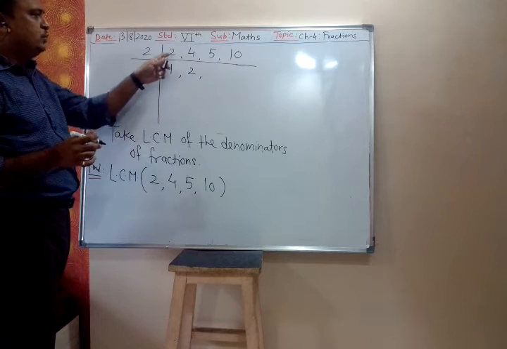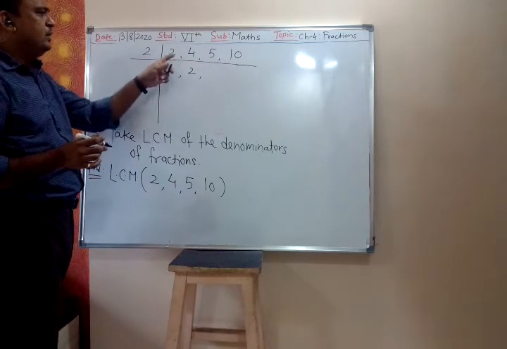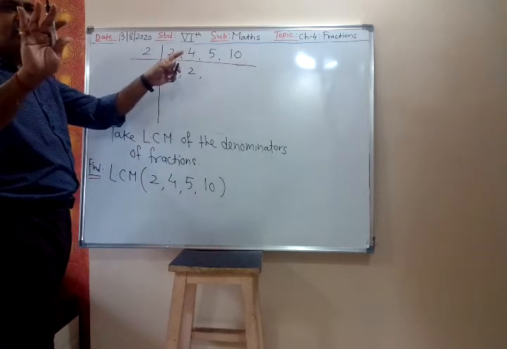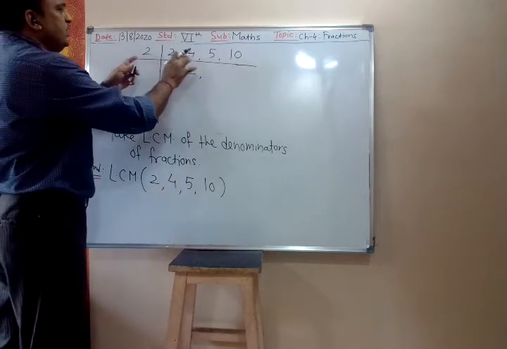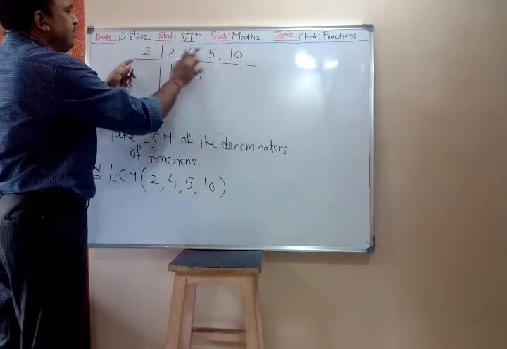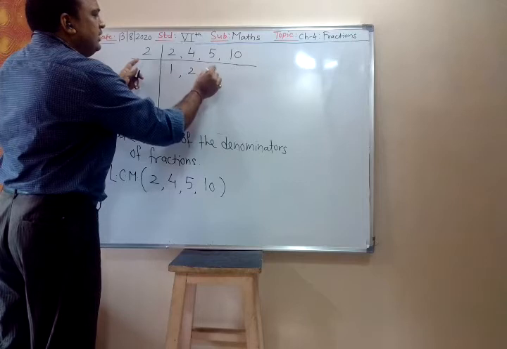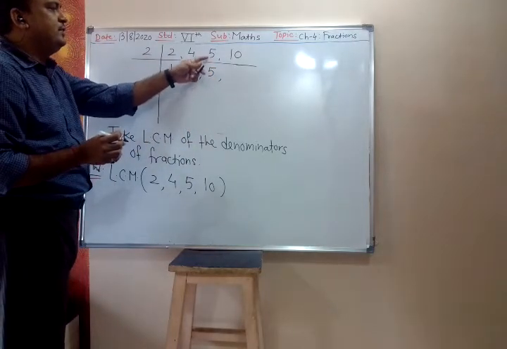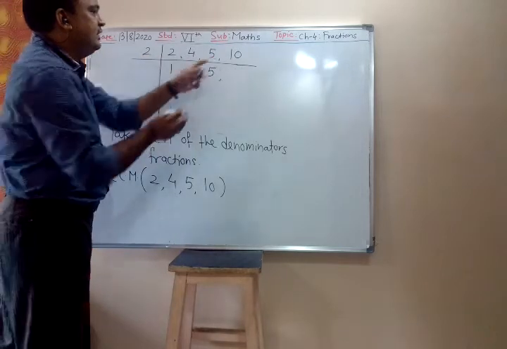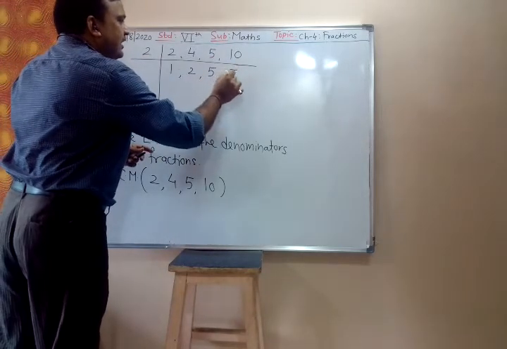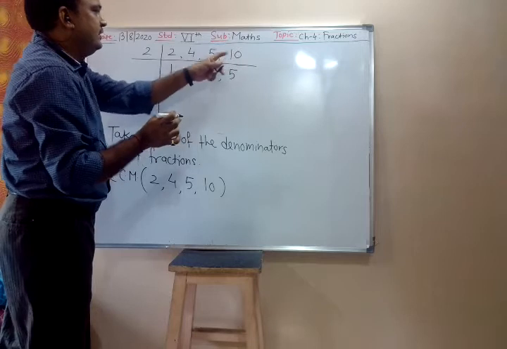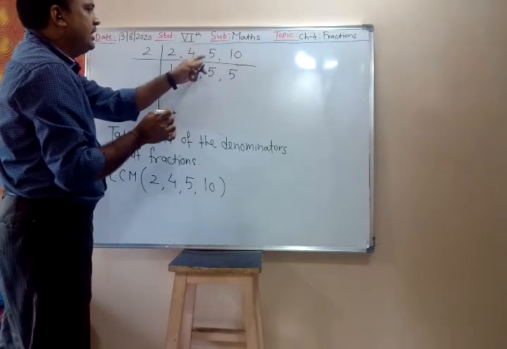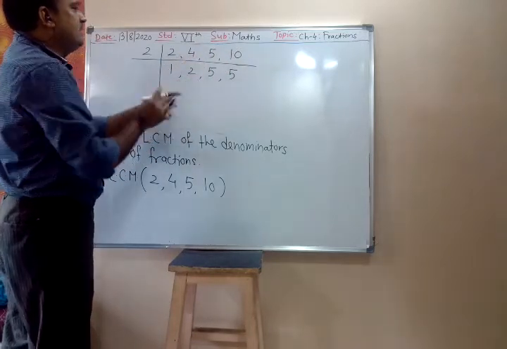Now we cannot divide 5 by 2, so I will write 5 only. Then 2 fives are 10, so below 10 I will write 5. Whichever number we cannot divide, we write as it is.